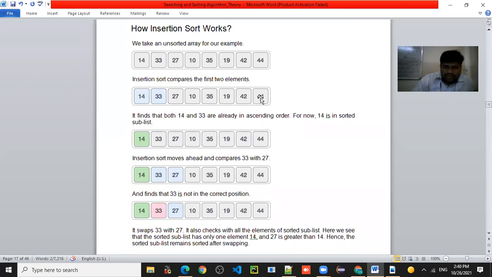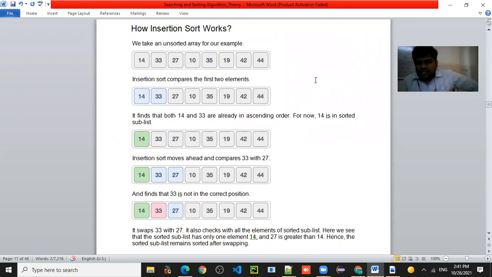This is the example. By considering the example, we'll try to understand the insertion sort. This list is visible to all? Yes, sir. Okay.